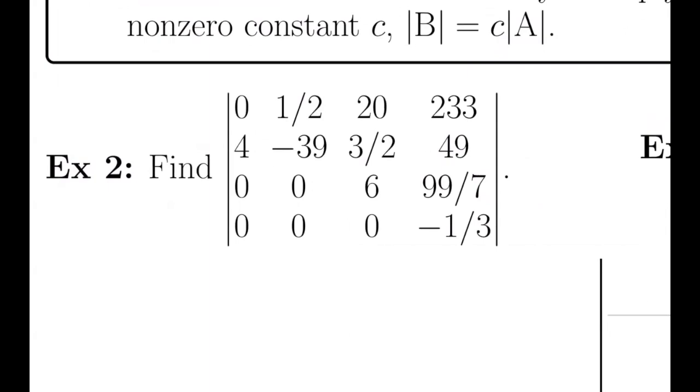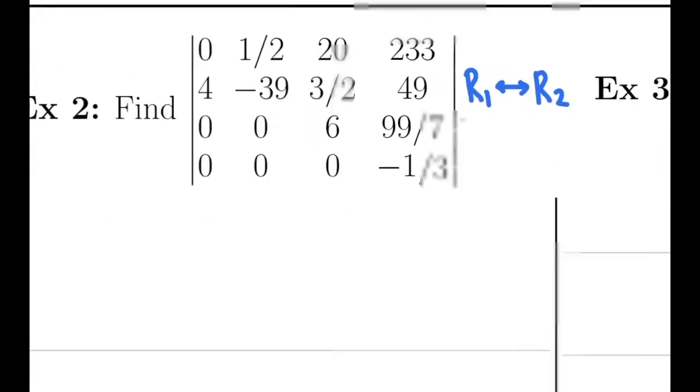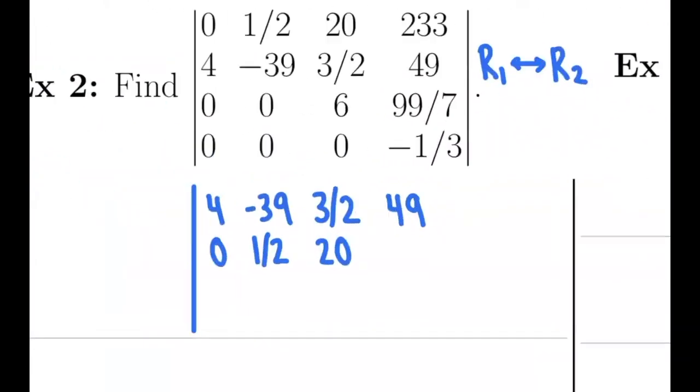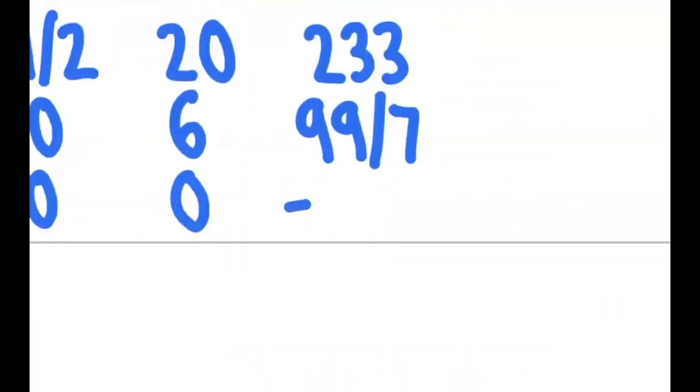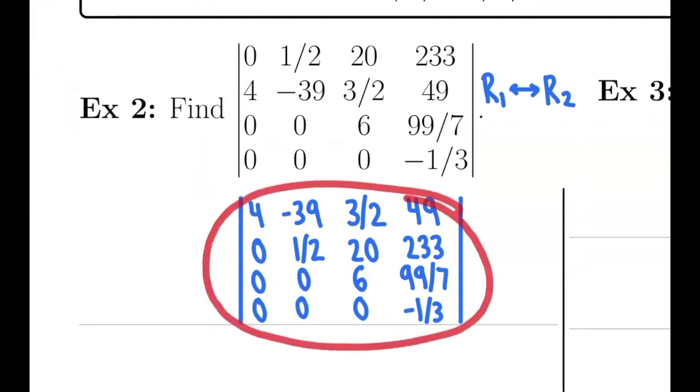I'm going to start off by swapping the first and the second rows. So row 1, swap it with row 2. I just swapped the first and the second rows, and you get this.